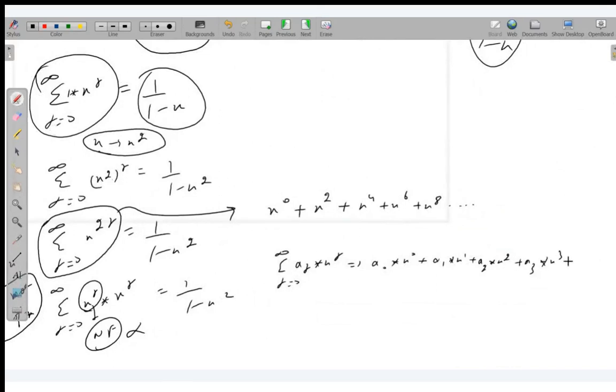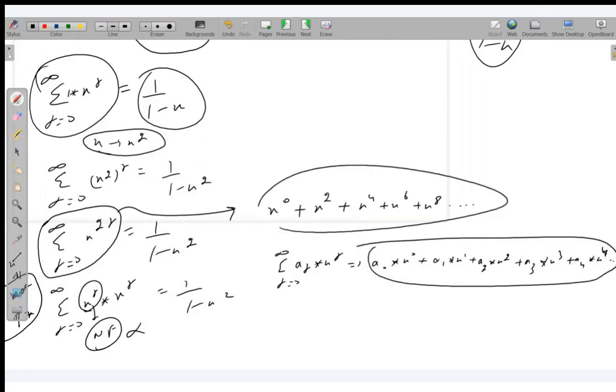Now link this with that. We have got x power 0, so a0 is 1, multiplied by this. Now x power 1 into a1: a1 should be 0, that's why we have not got the x power 1 term. So a0 is 1, a1 is 0.